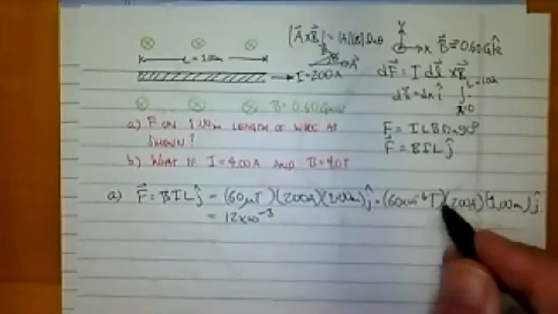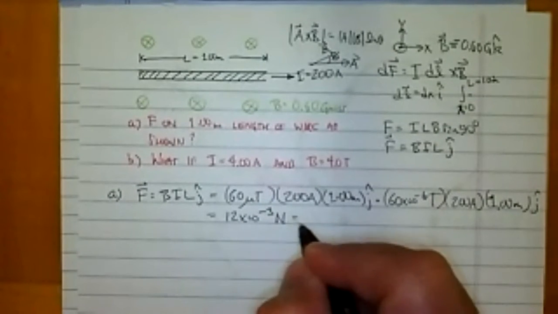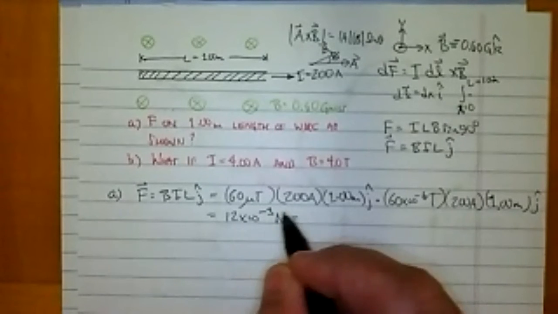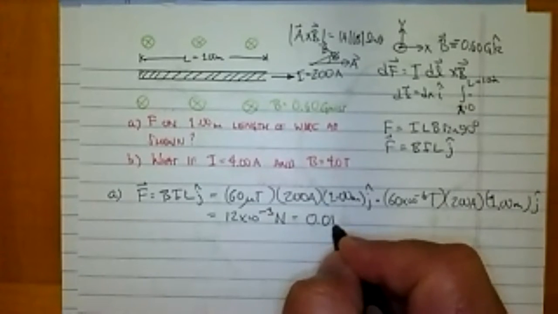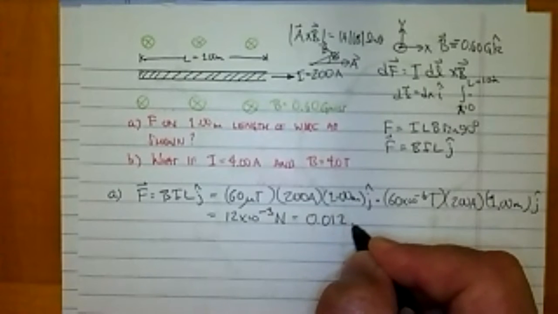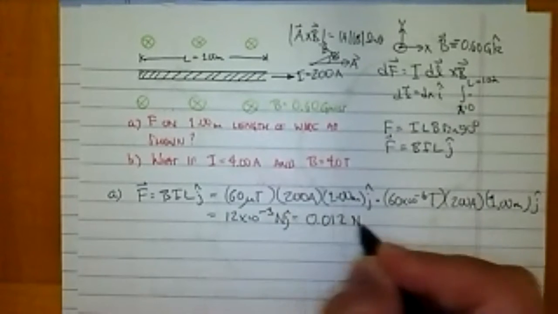And the units work out that a Tesla times a meter times an amp is in fact a Newton. And from that, you can try to make this more like scientific notation. It would be 0.012 newtons in the J hat direction.